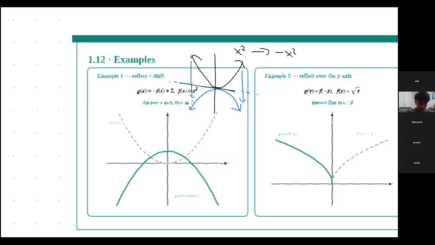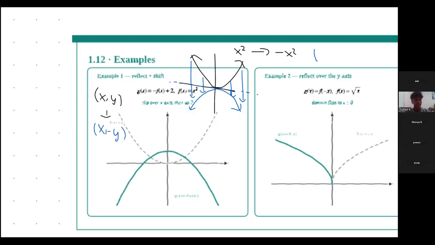Whenever it's just a vertical reflection, to find it, each point we can look, let's say the original point is x comma y, then after a vertical reflection, the new point is going to be x comma negative y. You guys understand that?